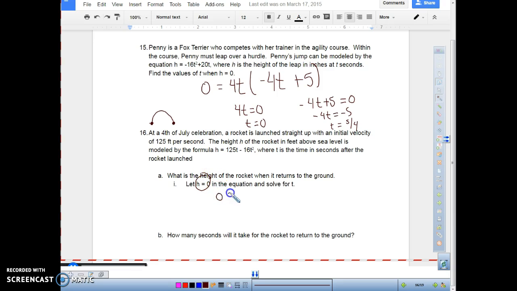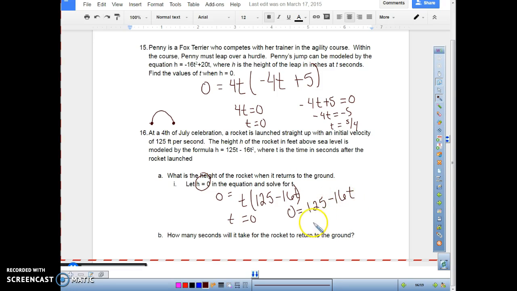So we plug in 0, and we look for what's in common between 125t minus 16t squared. And so let's just take out a t here, and so we have t times (125 minus 16t), and then you set each equal to 0. t is equal to 0, or 0 is equal to 125 minus 16t, and then you solve.